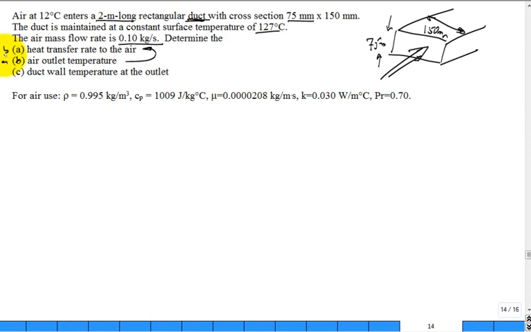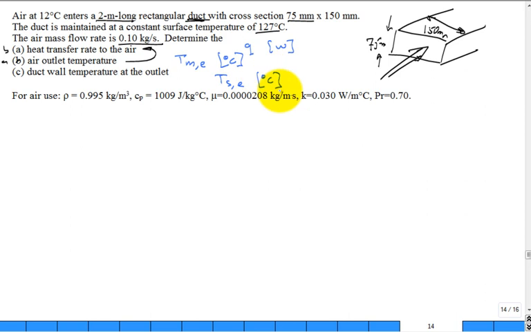And then for part C, the duct wall temperature at the outlet. So for part A, the mean temperature of the air exiting in degrees C. The heat transfer rate to the air, that's going to be Q in units of watts. And for part C, the duct wall temperature at the outlet, temperature of the surface at the exit, degrees C.